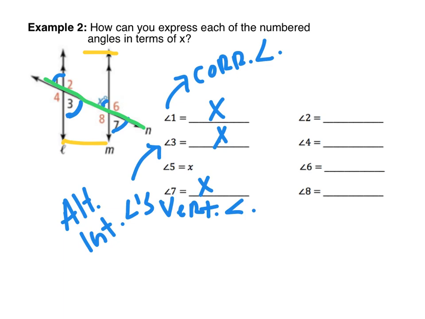Now if I know they're all x, that means that the rest of them are going to be 180 minus x. And I know this because my angles have to be supplementary. They have to form 180, add up to 180.